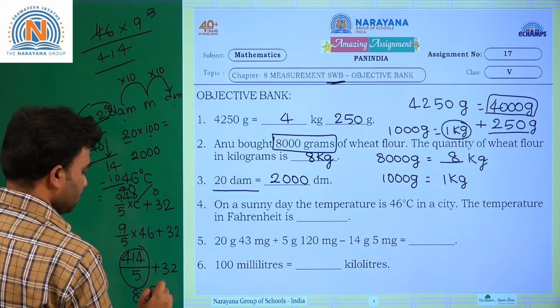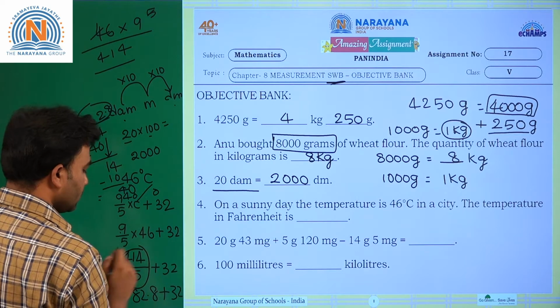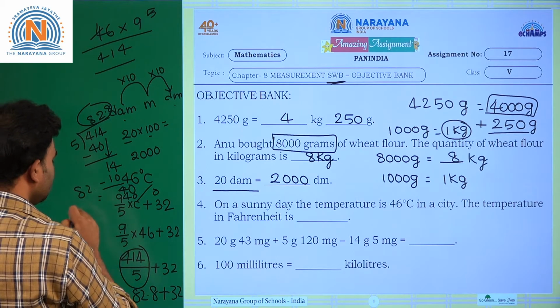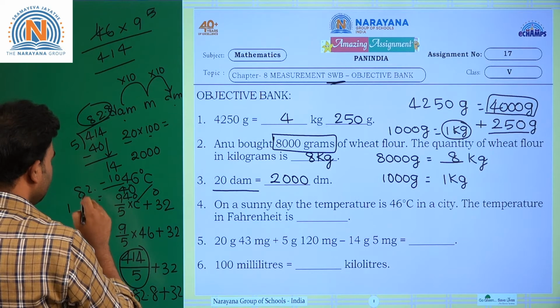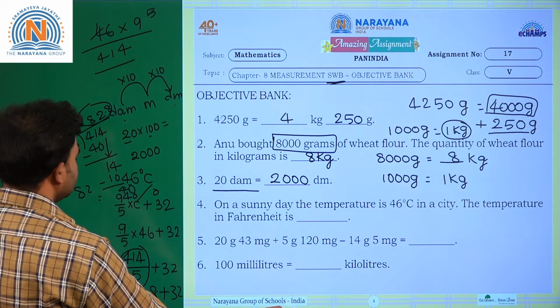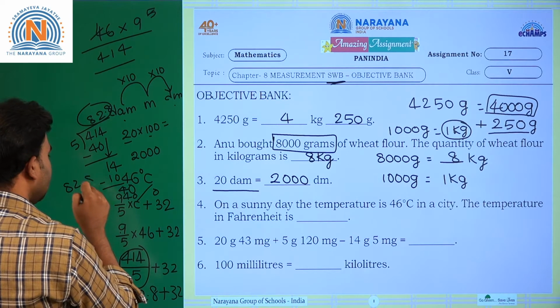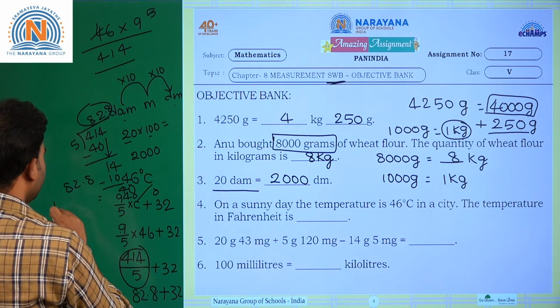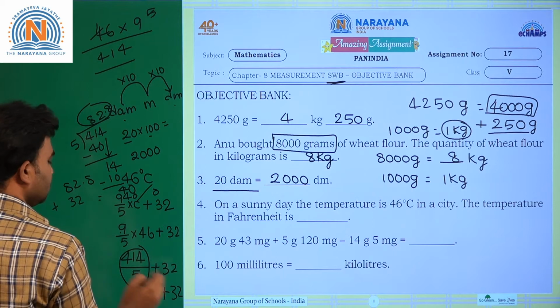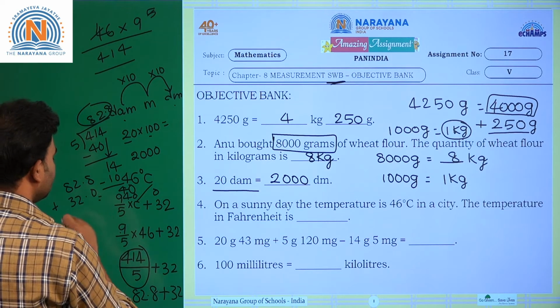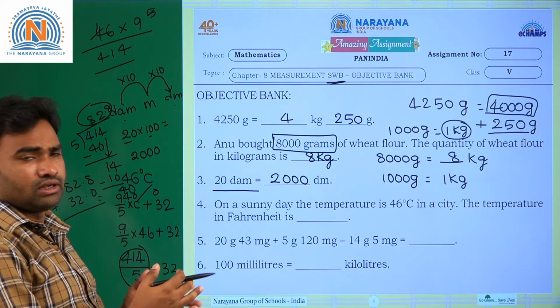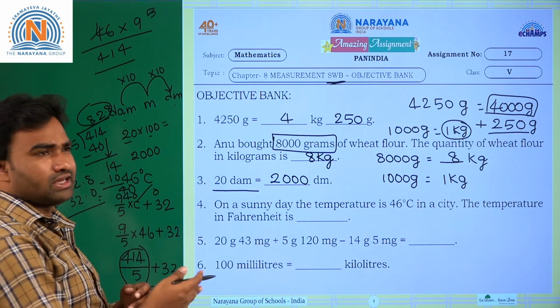82.8 plus 32. Now add both the numbers, 82.8 plus 32.0. I just converted unlike decimals into like decimals.